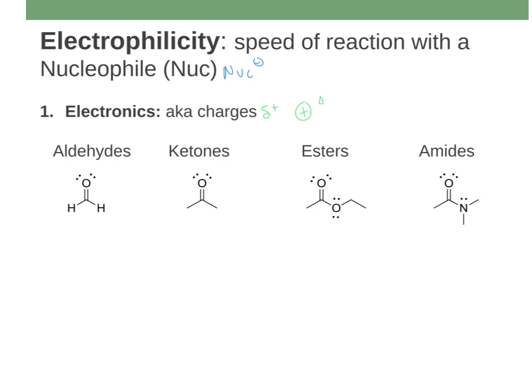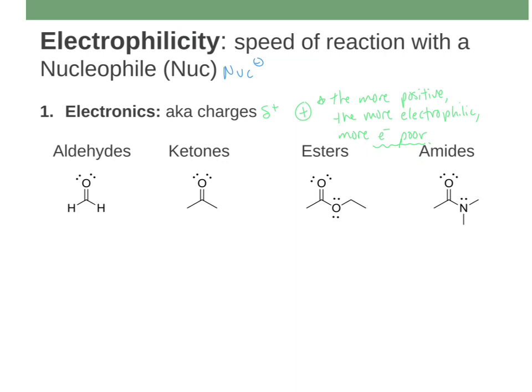Or in other words, the more positive, the more electrophilic. Or in other words, we want it to be more electron poor. If it's electron rich, it's not going to attract a negative nucleophile. If it's electron poor, it is going to attract a negative nucleophile.